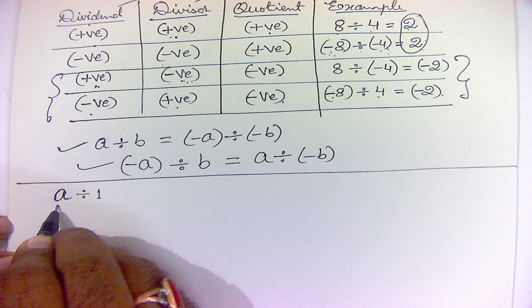Next, and the confusing one: if you divide 0 by any integer, the result will always be 0.